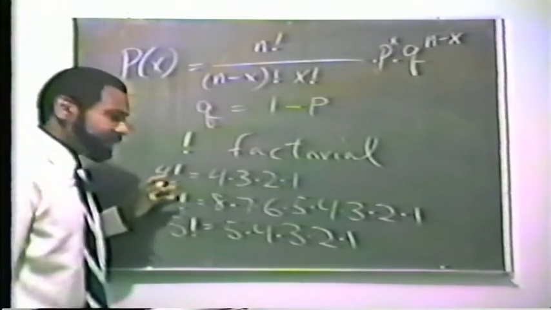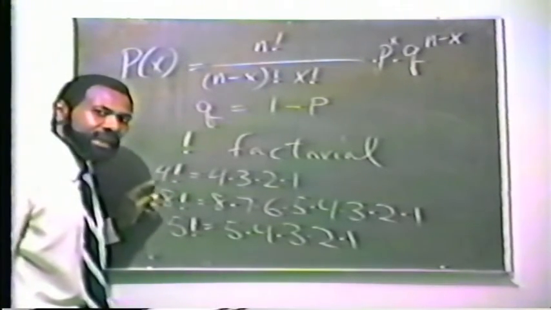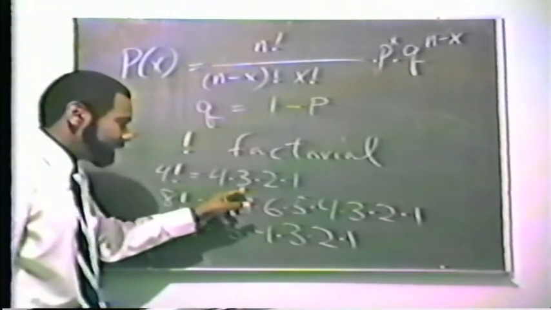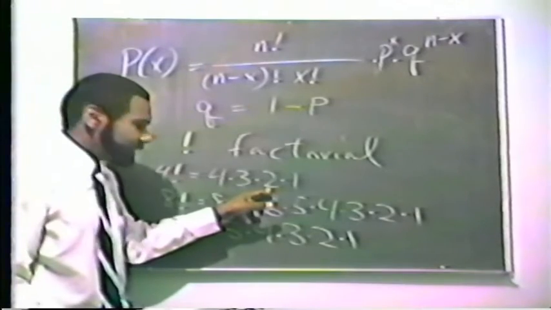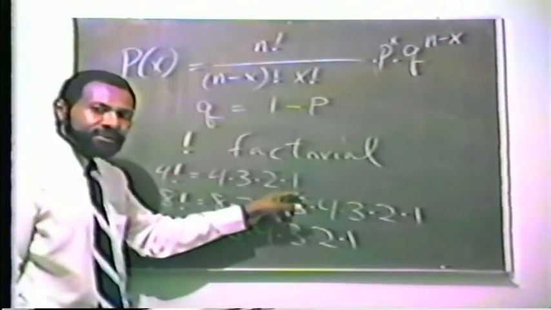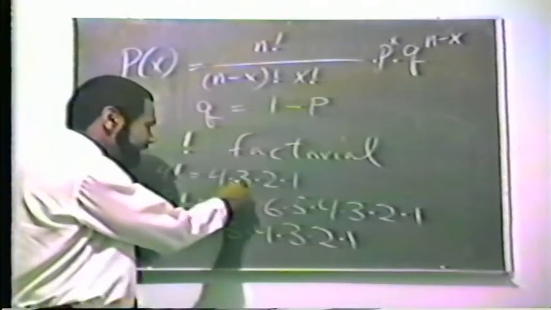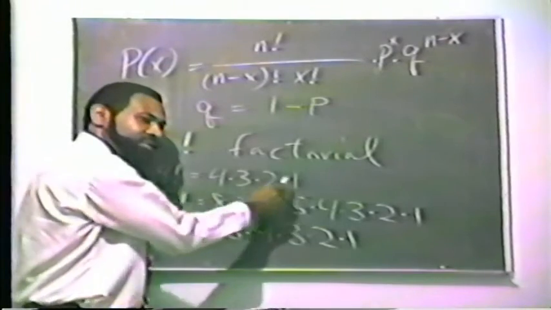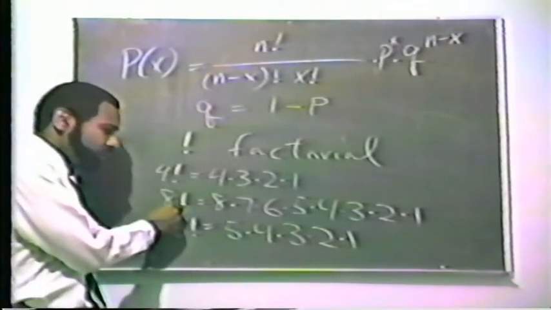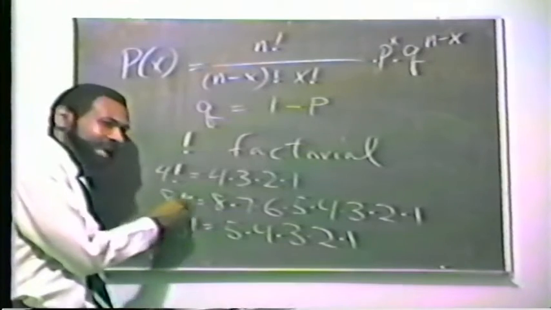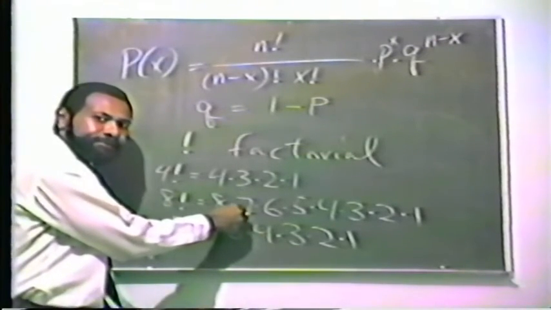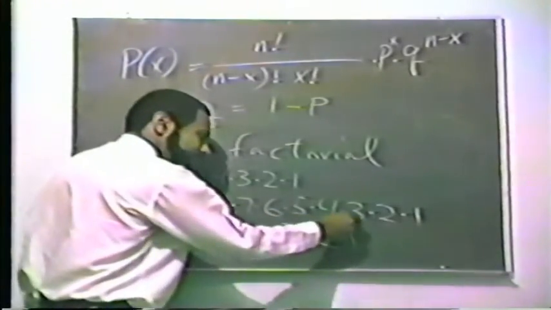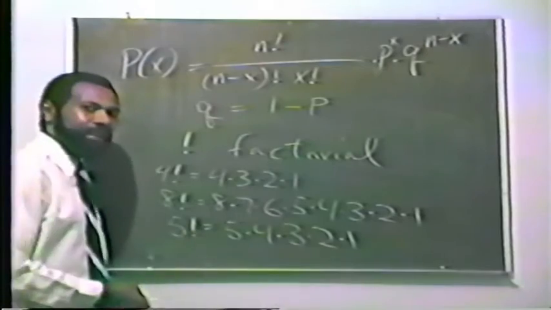So factorial means that you take the number that you have there, and multiply it times the next smaller whole number, and the next smaller whole number, all the way down until you get to 1. That's what we mean by factorial.